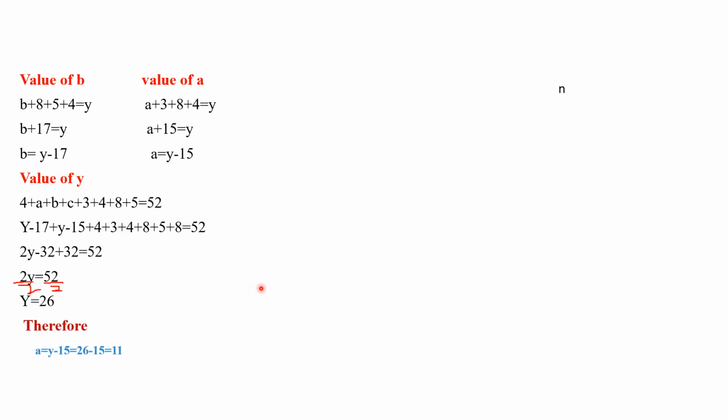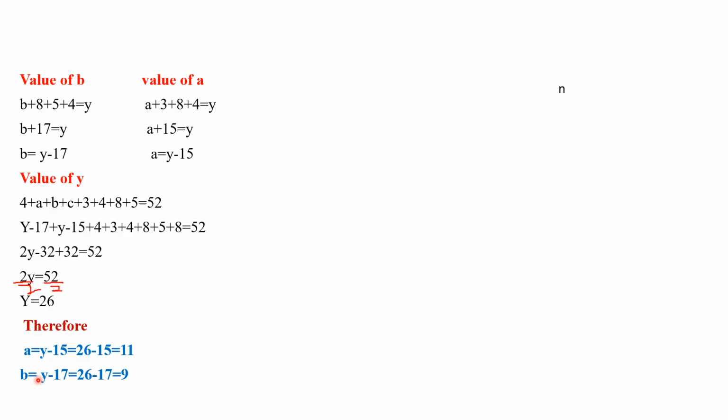After that, you come and find the value of A, because A is equal to Y minus 15, but remember my Y is now 26. So 26 minus 15, I get the answer as 11.